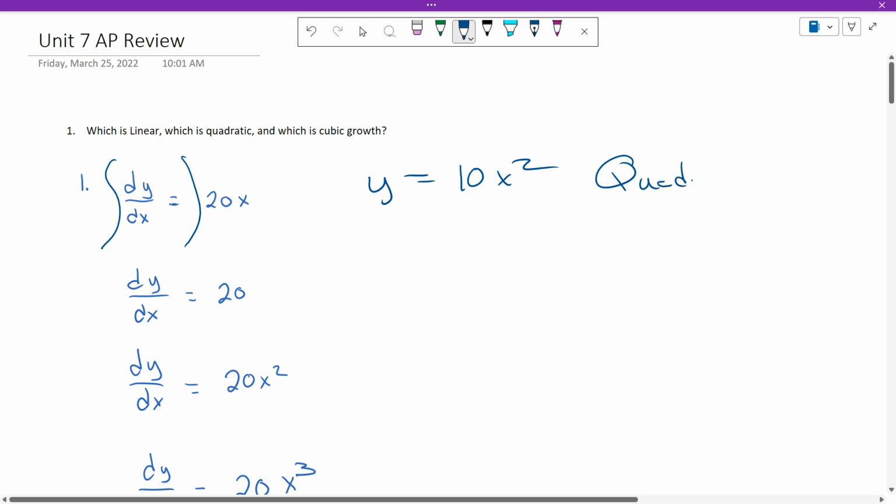Quadratic. I guess I should have multiplied by dx first, but integrate. Y equals... That is linear.